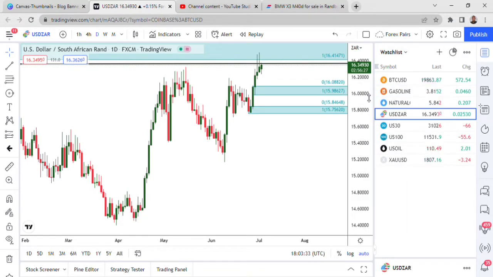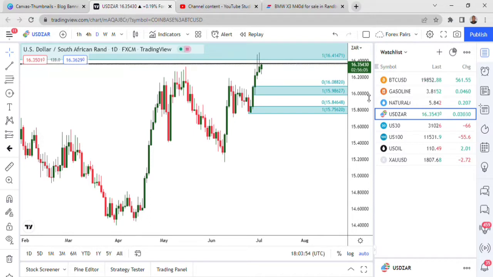So we know that on monthly, the price has broken the monthly resistance and it's approaching the next one, but the one that it broke, it's failing to close above. And on weekly, the price is inside the weekly area of resistance, and this is also the weekly area of support that we marked.